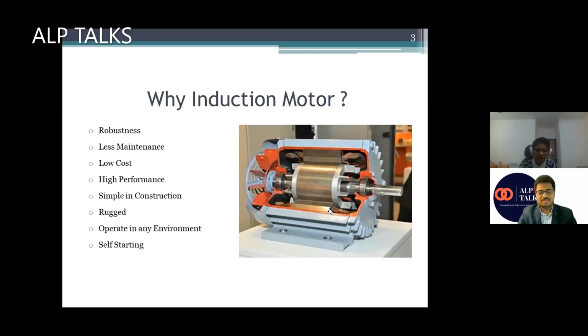And why induction motor specifically? Due to its robustness, it has less maintenance, low cost, high performance, and rugged construction, and it can operate in any environment. When we talk about the three-phase induction motor, it is self-starting. So it is used widely for all these reasons, and we prefer the squirrel cage induction motor over the slip ring induction motor because of its rugged construction.